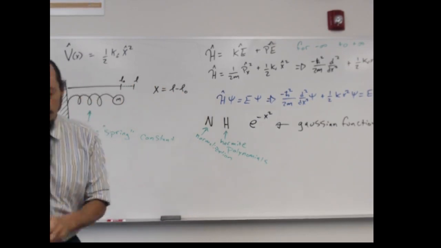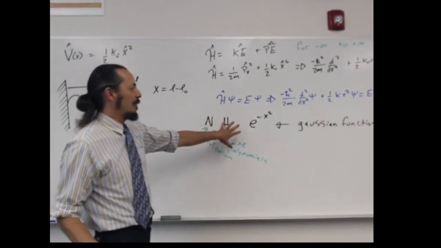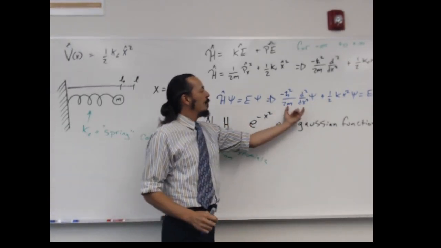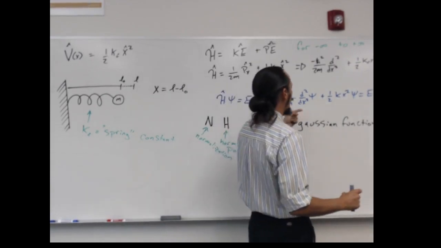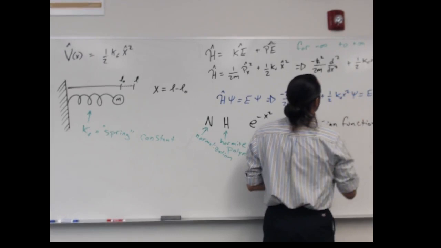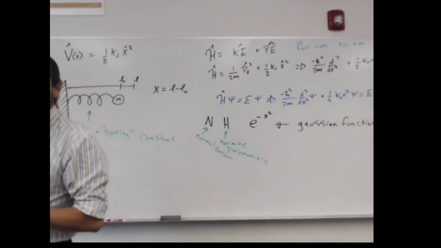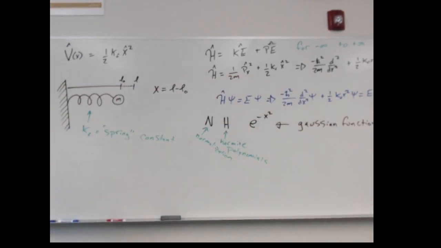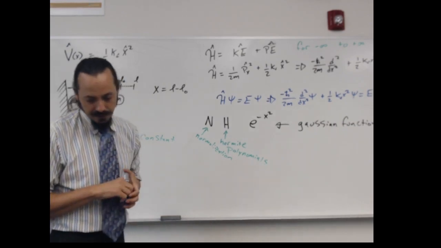If I put this all into terms, this is our general thinking about it. If I put it into terms where I've got this h bar squared over 2m, this 1/2 kf x squared, it turns out that there's 2 parameters we define to simplify all of these things.